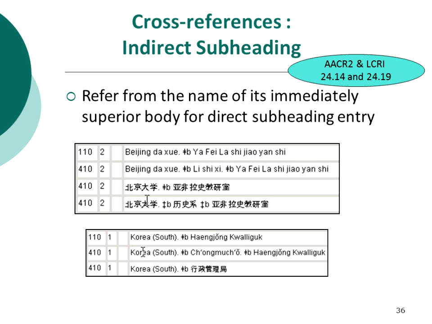We know that's a direct subheading entry. If you look at the first 410 here, the cataloger had interposed the department in between the university and the research office. This is called for by the rule: provide a cross-reference from the indirect subheading when the heading is entered under direct subheading.